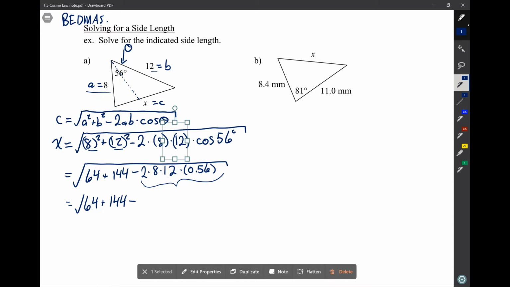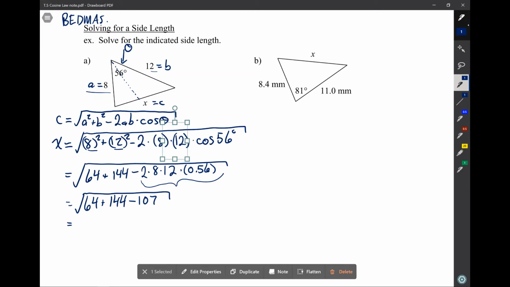So I have 2 times 8 times 12 times 0.56, and that equals approximately 107. All of that square rooted.